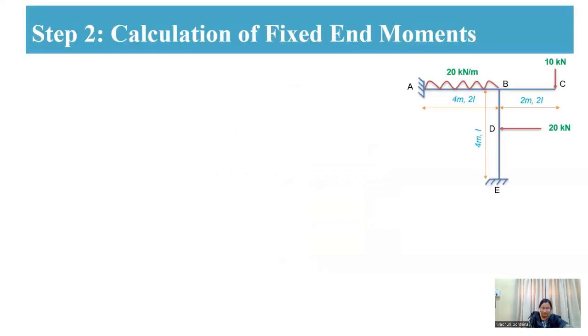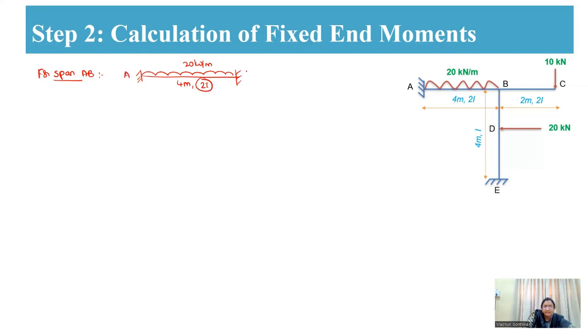Now coming to the next step, that is calculation of the fixed end moments. We are considering first span AB. I am drawing span AB. It is having a UDL of 20 kilonewton per meter, which is of 4 meters and 2I moment of inertia.